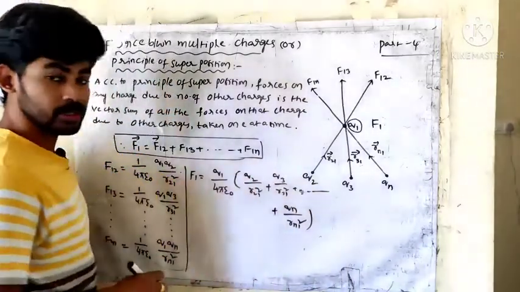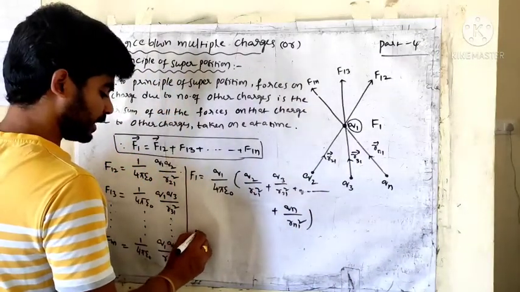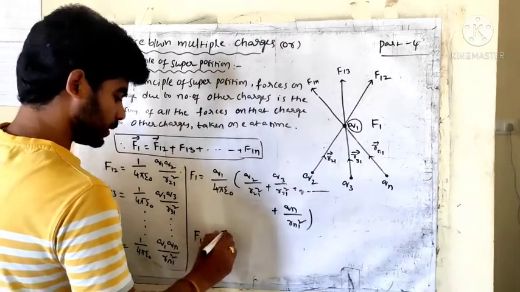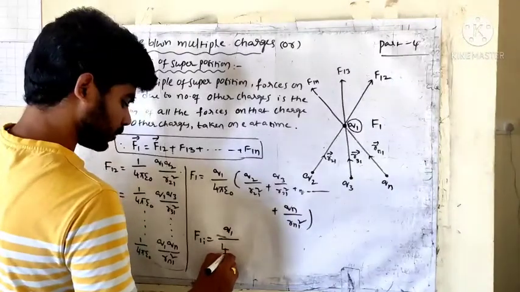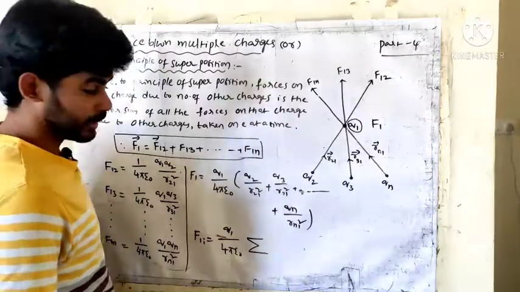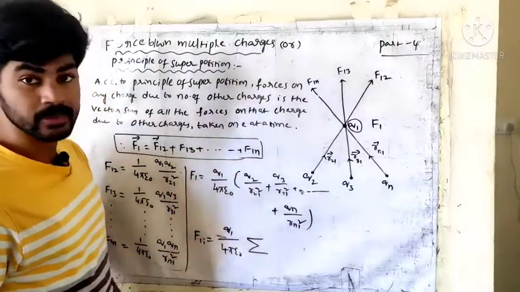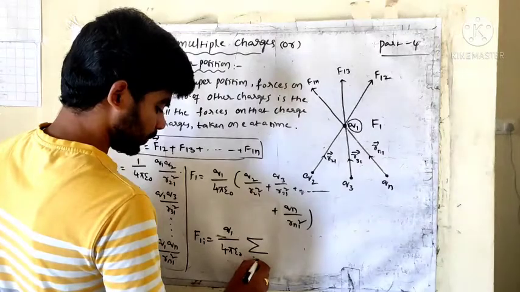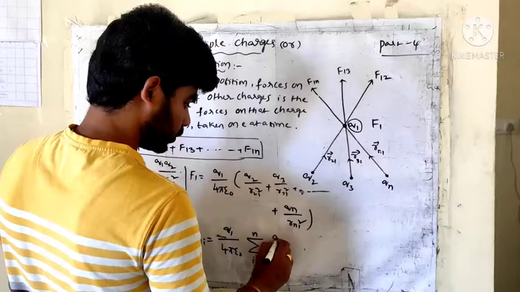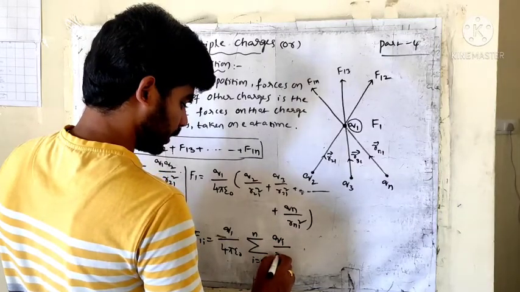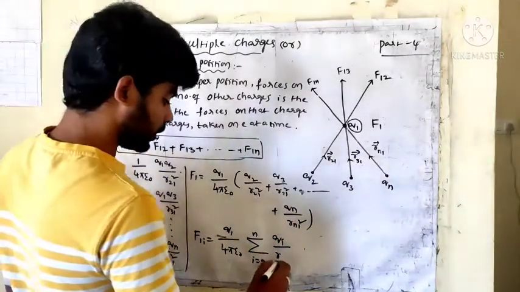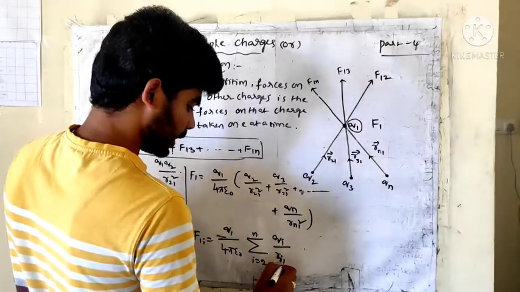So this is the remaining term, and we can write F1 is equal to q1 by 4 pi epsilon naught summation. q1 is common, starting from 2, so write i is equal to 2 to n, qi by ri1 square, since 1 is common everywhere up to n point charges.